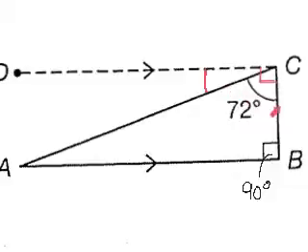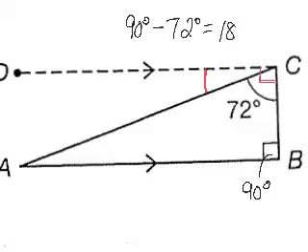If we know that this is 72, how many more do we need in order to make this 90? You can figure this out. You would take 90 degrees minus 72 degrees, which equals 18 degrees. So we know that this angle that's here is worth 18 degrees.